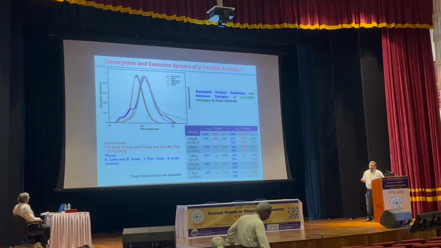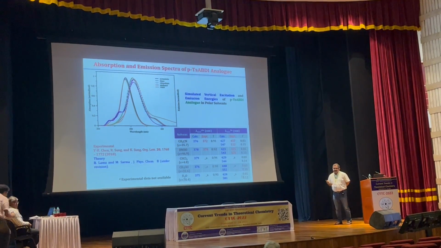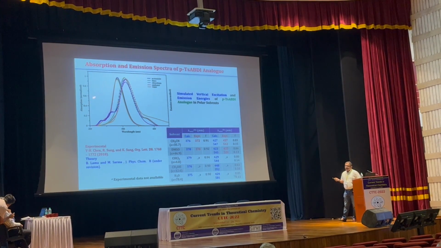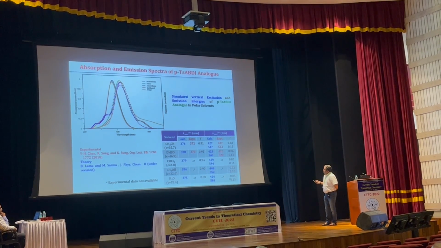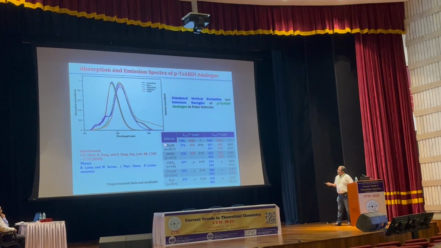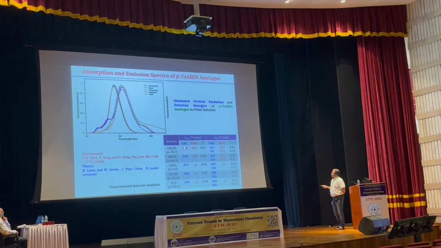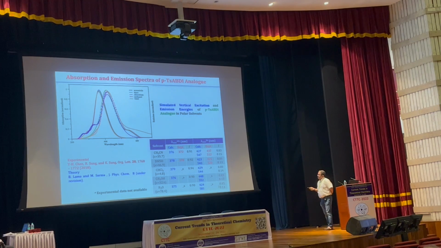To begin with, we calculated the absorption and emission spectra, and as you can see, the experimental results and our computed results are in very good agreement. In the acetonitrile solvent case, our values and experimental values are very close. Even for DMSO, the values are matching.